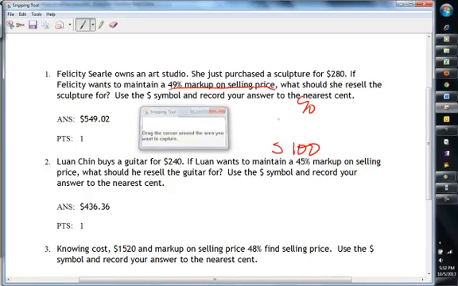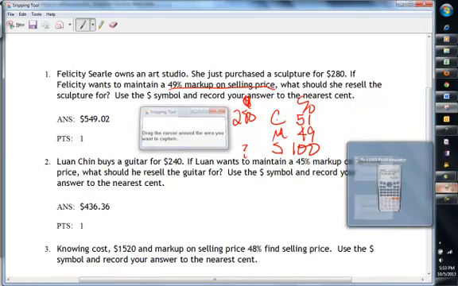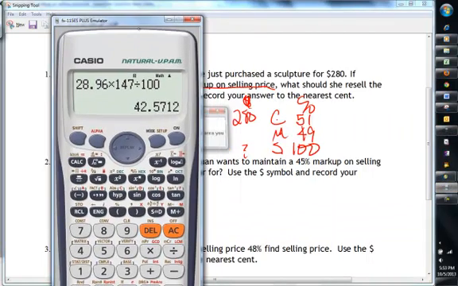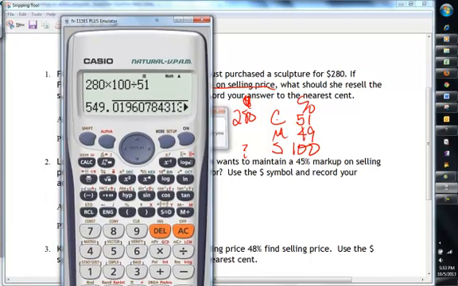She purchased it, it cost her $280. She has a 49% markup. Now, since cost plus markup is selling price, what number do you add to 49 to get 100? 51. So now when you cross multiply and divide, when it's based on selling price, you would press 280 times 100 divided by 51, and you would get $549.02.